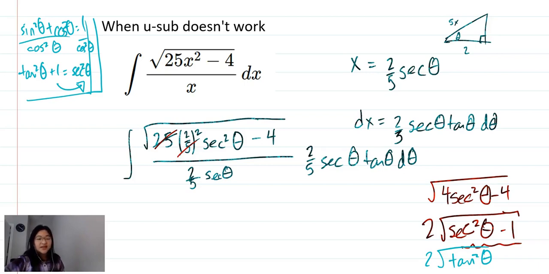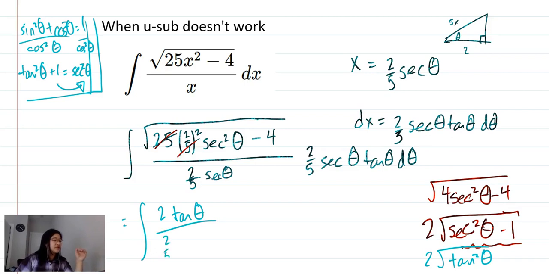And where does that get us? Well, we end up with this numerator being 2 tangent theta, and then this is over 2/5 secant theta times 2/5 secant theta tangent theta d theta.